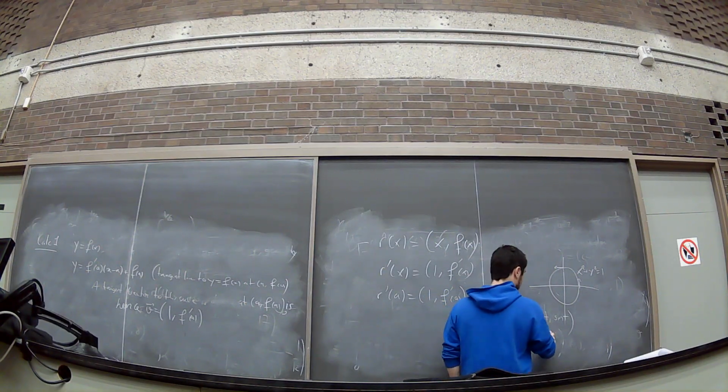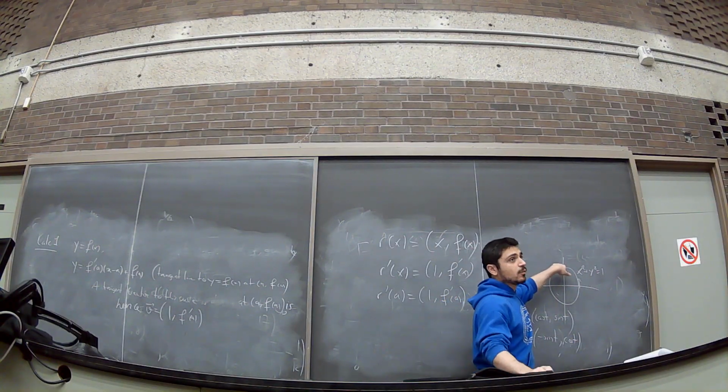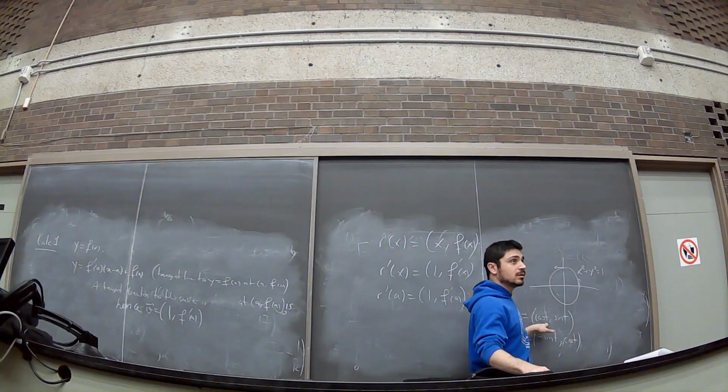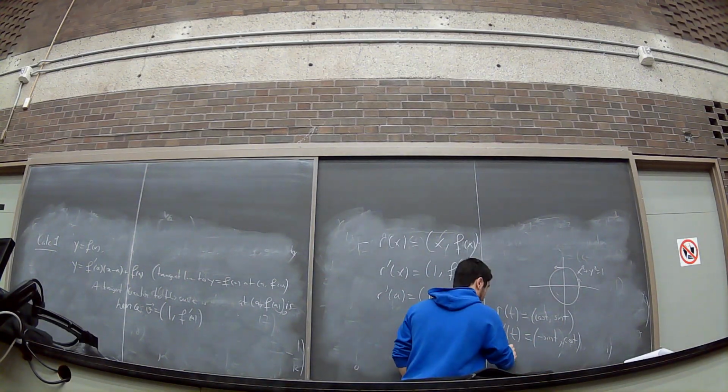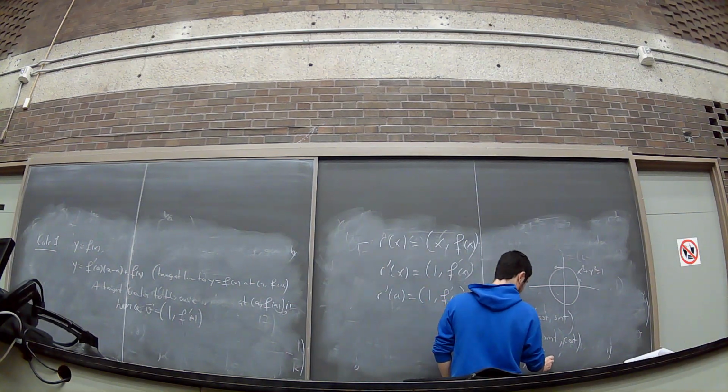R prime of t is (-sin t, cos t), right? Now at the point on top, what is the value of t that gives me the point on top? The point on top is (0, 1), right? What is the value of t that gives me the point (0, 1)? Pi over 2, right? R prime of pi over 2 is (-1, 0), right?